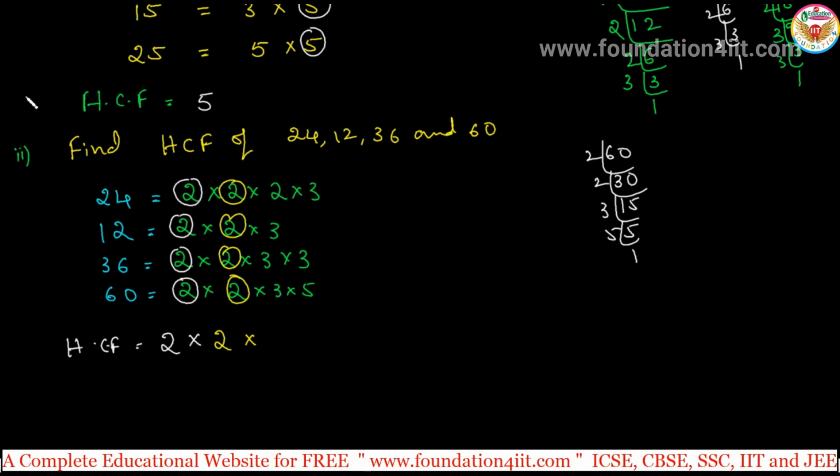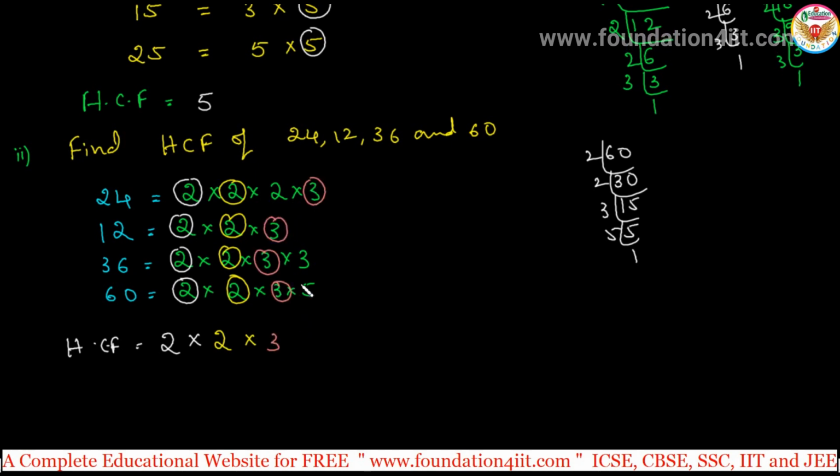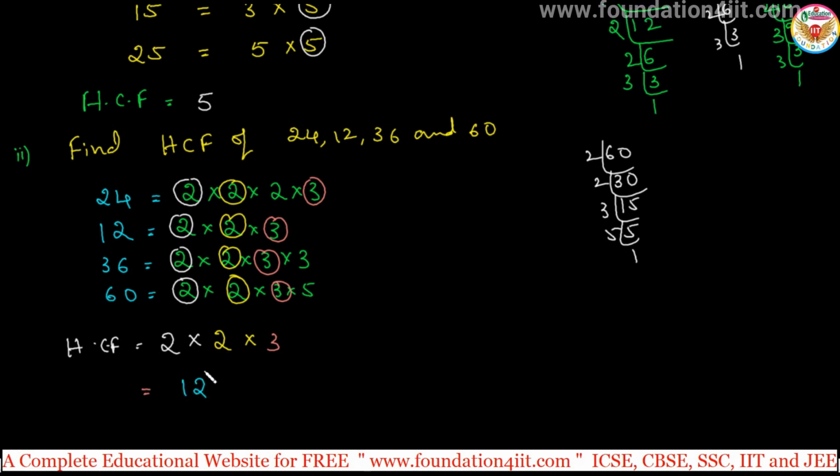Next 3 is in all of them, so write 3 once. There's no other common 3, and 5 is not in all of them. Only what is common to all 4 numbers should be written. Then multiply: 2 into 2 into 3 is 12. So 12 is the highest common factor.